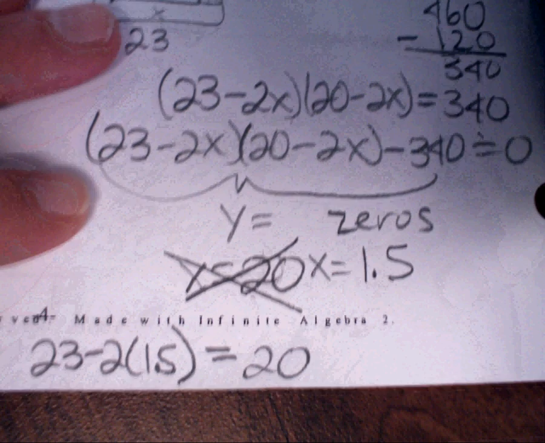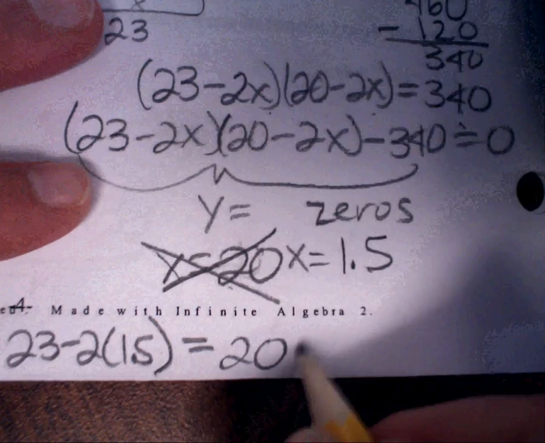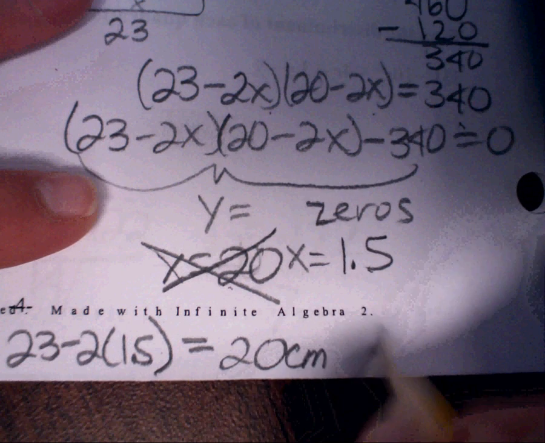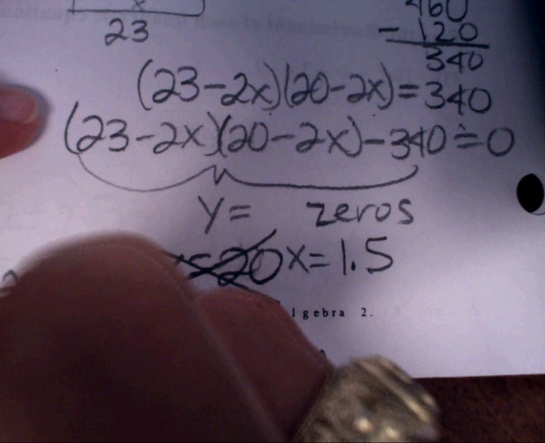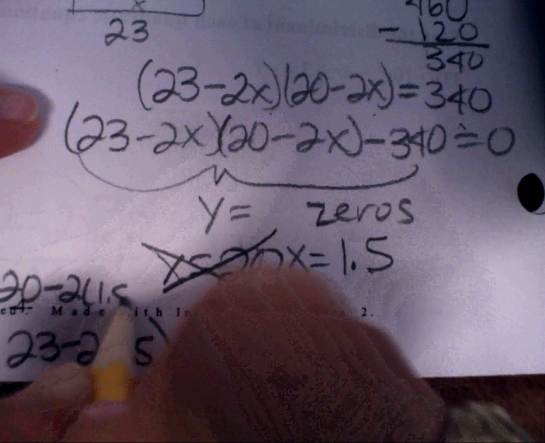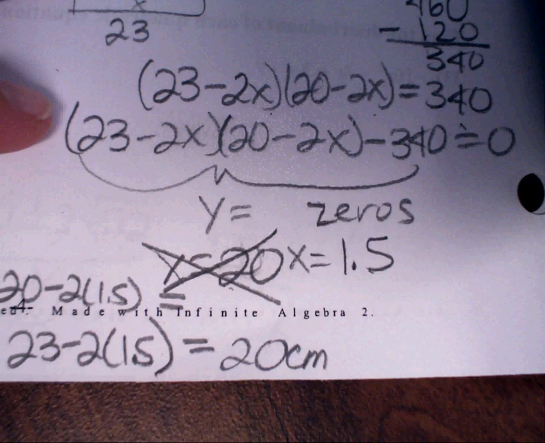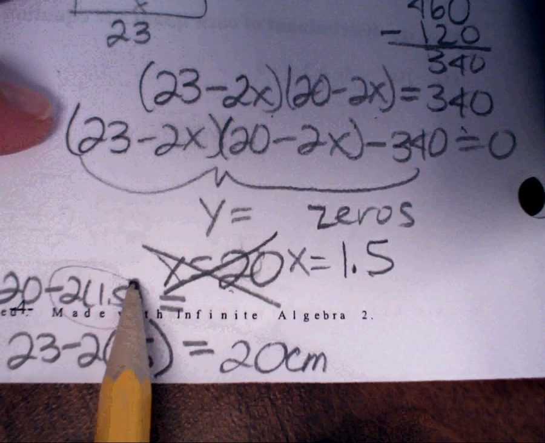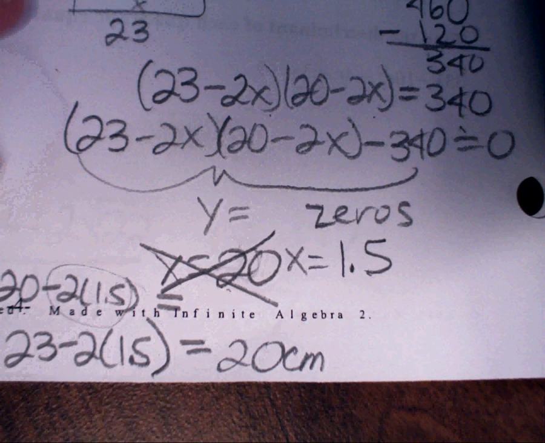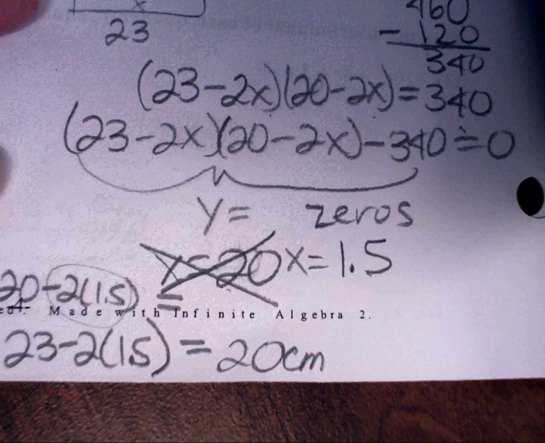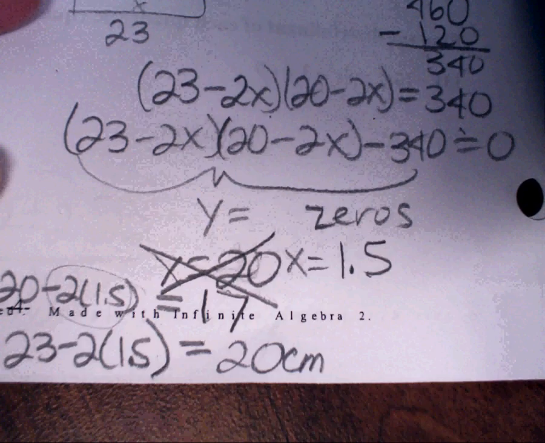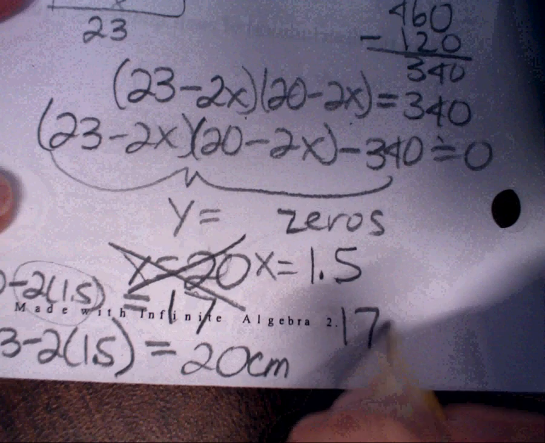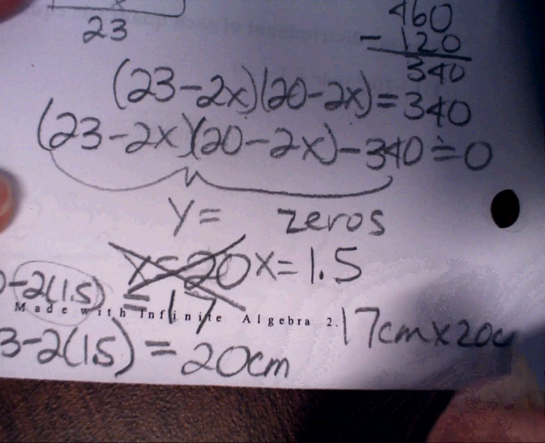Can't see my work. So that's one of the sides. That's in centimeters. And then the other one would be 20 minus 2 times 1.5, which is 3. So 20 minus 3 is 17. And so the dimensions are 17 centimeters by 20 centimeters.